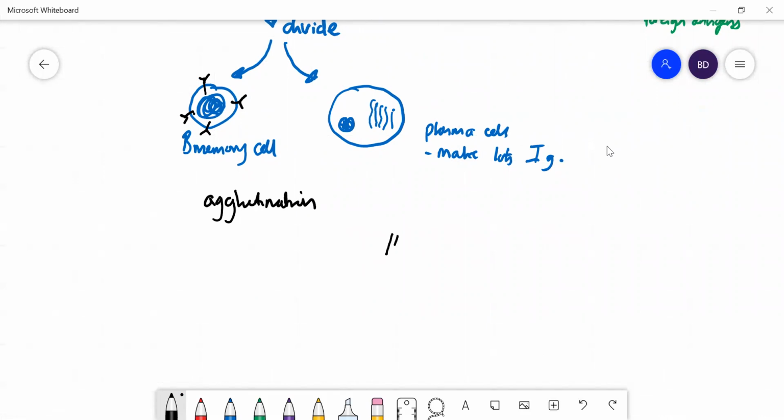Because they've got two binding sites per molecule, one there and one there, they cross-react, and it forms these great big aggregations of the antigen together with the antibodies, and this can then be phagocytosed quite easily.